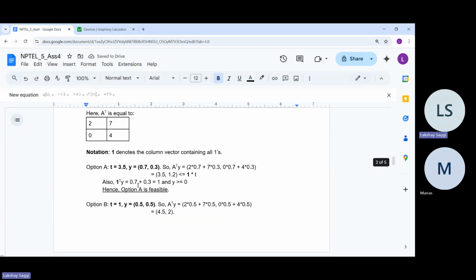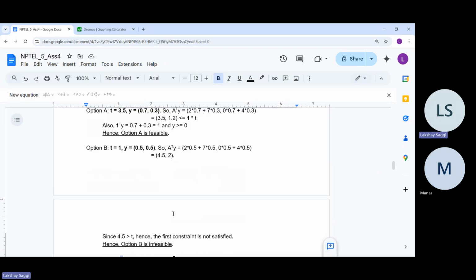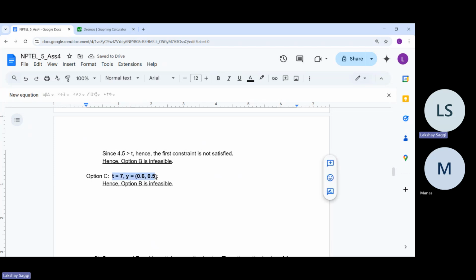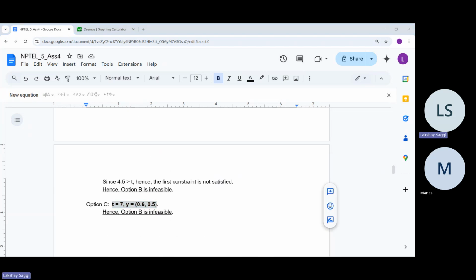So we are given that T is 7 and these two values are Y is 0.6 comma 0.5. So now, maybe we should just remove all of these. So now in this value T and Y, what I'm claiming is I don't even need to calculate the value of A transpose Y. Like even without calculating.